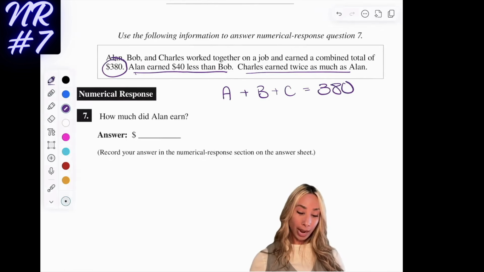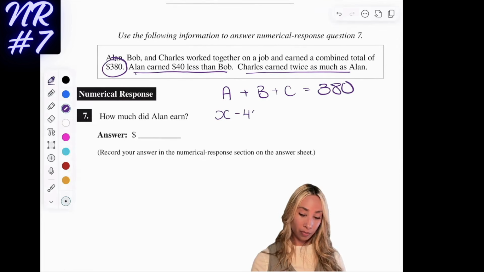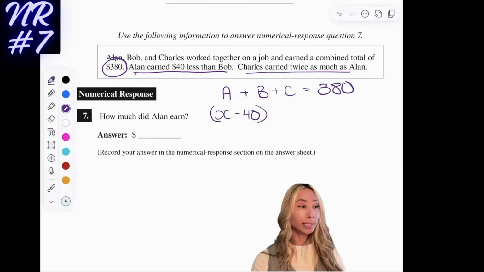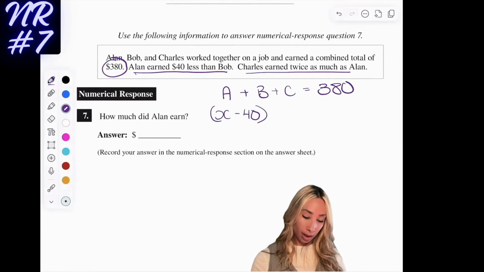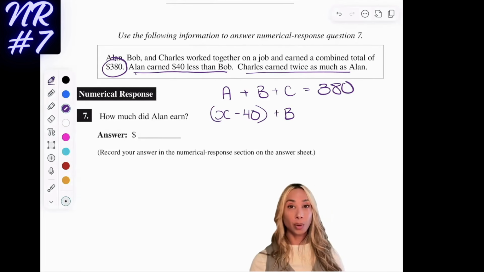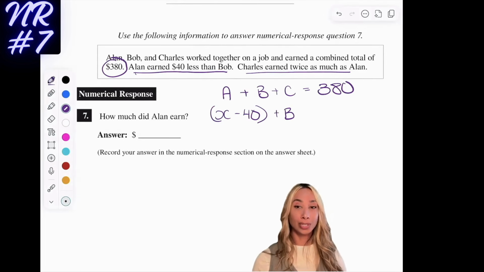So we know that Alan earned $40 less than Bob. So in that case, I'm going to say that Alan is going to be X, whatever the money was, take away 40. I'm going to put that in brackets because that just represents Alan. Bob is Bob. We'll just leave Bob alone because we don't have anything that says it's more or less. And then we know that Charles was twice as much, so that's going to be twice as much as Alan.